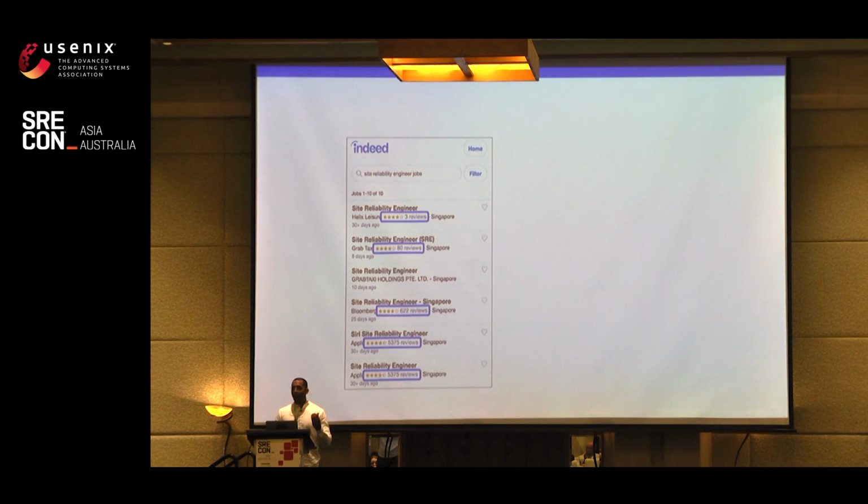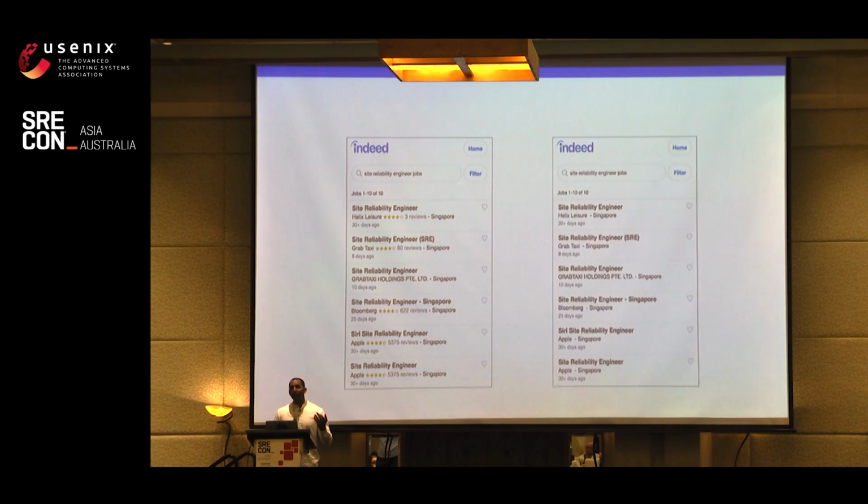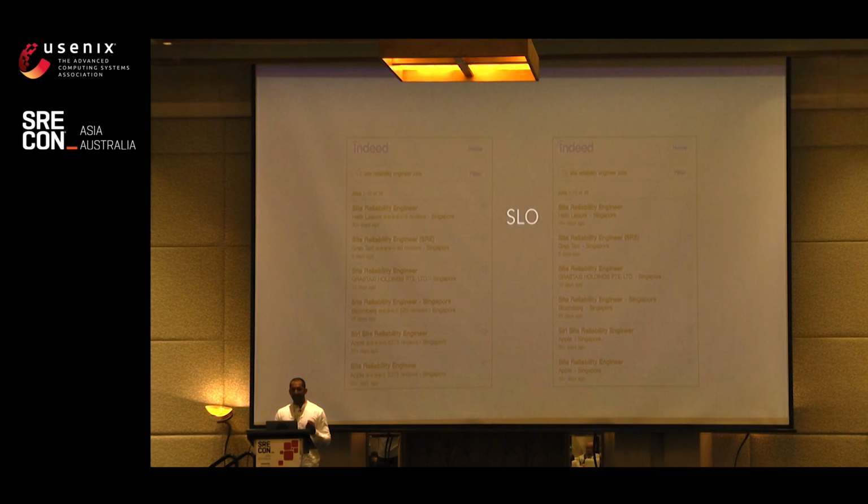Now, this is not our core mission. Our core mission is to help people get jobs. And so we could have a broken ratings and review service, but still serve our job seekers with a search page that lacks these features. It's still usable. It still serves the purpose of helping job seekers get jobs. So if we realize that this is a nice to have, a valuable feature, but not a necessary feature, we can design an SLO around that.